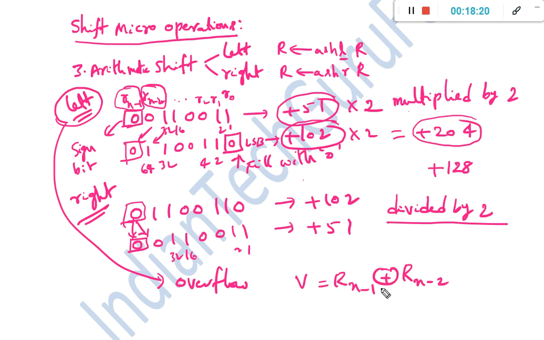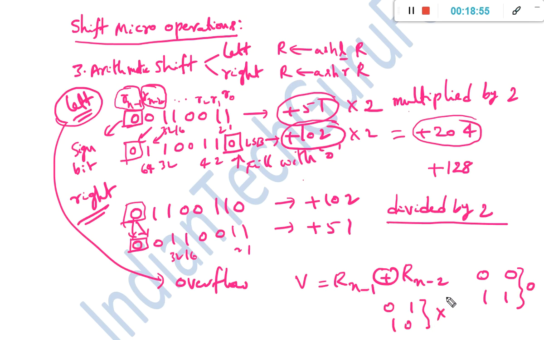If the exclusive OR operation results in 0, that is, either both the values are 0, 0 or both the values are 1, 1, then we could perform the left shift operation. Otherwise, if there is a 0, 1 or 1, 0, we could not perform the arithmetic operation because there may be an overflow condition.